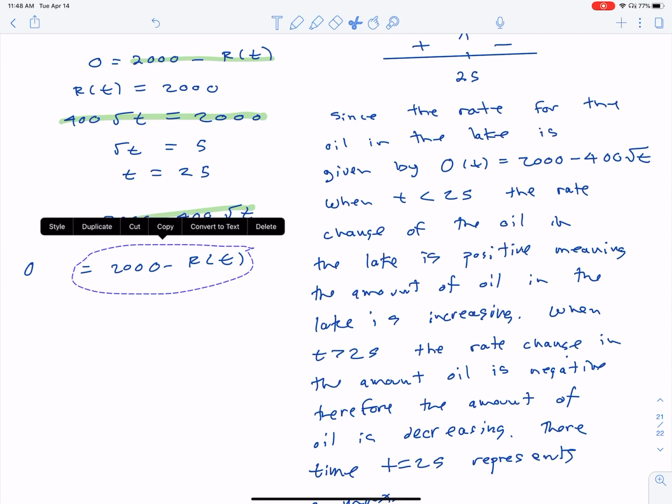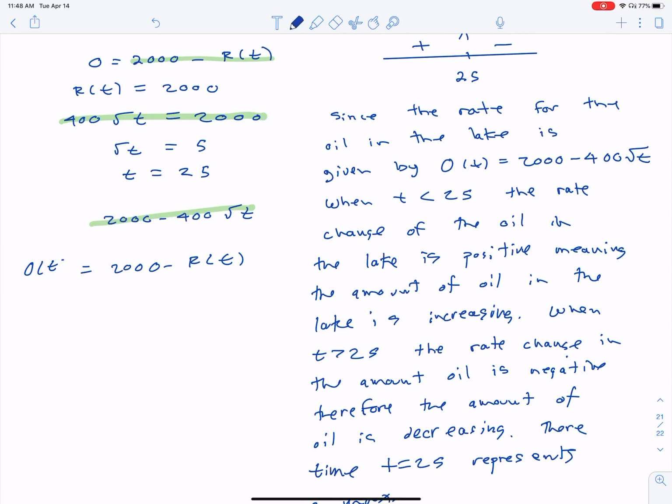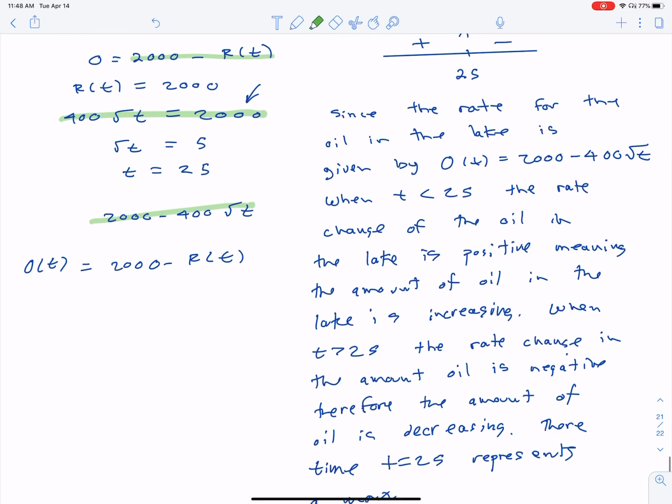So either you did something like this, or you took the derivative and you did something like this. The key is that we should be able to take our derivative, set it equal to 0, and get 25. So again, it's really the setup. Were you able to do something either like this or like this?